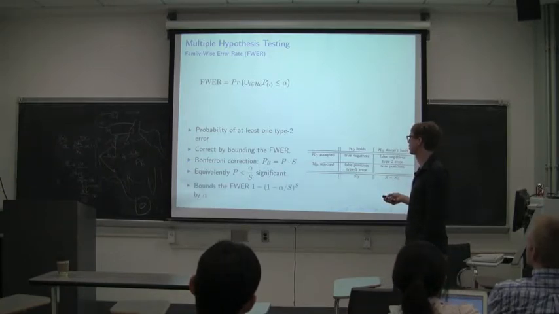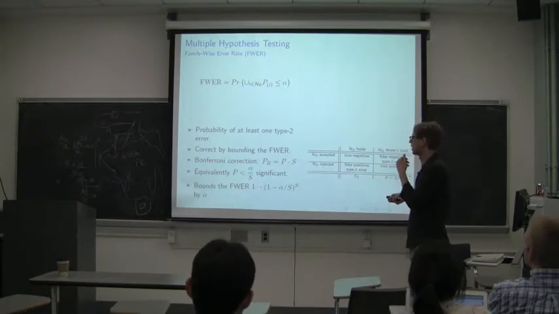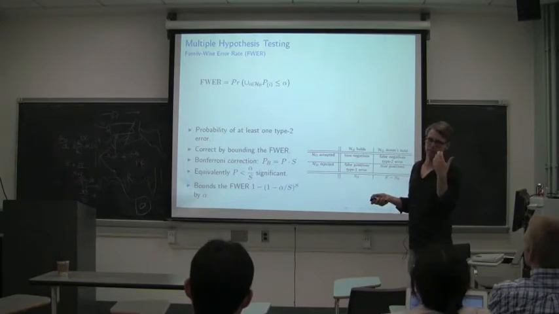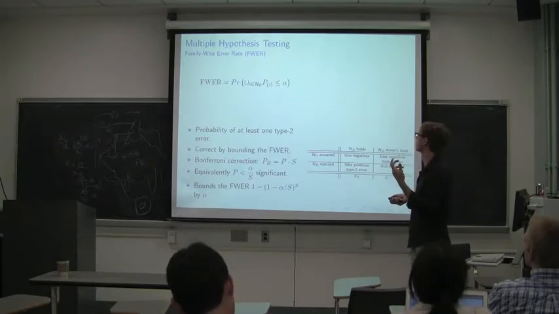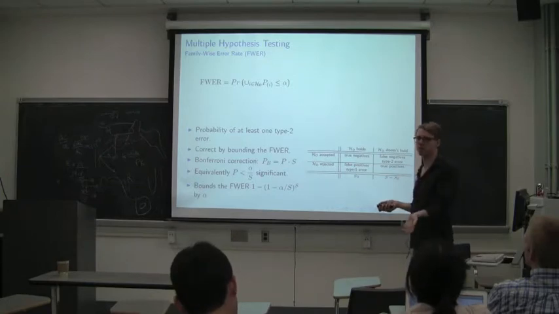And we can show that this bounds the family-wise error rate by alpha. So now instead of saying that for each test the error rate is alpha, the probability of making at least one mistake, type 1 error, is alpha.